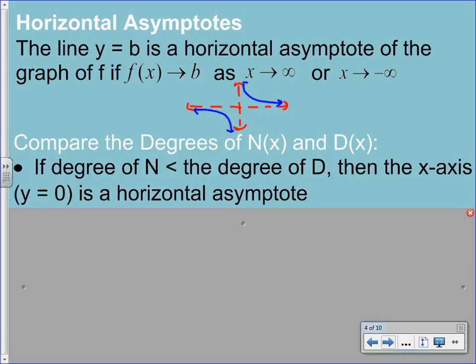If the degree of our numerator is smaller than the degree of our denominator, then y equals 0 is our horizontal asymptote.